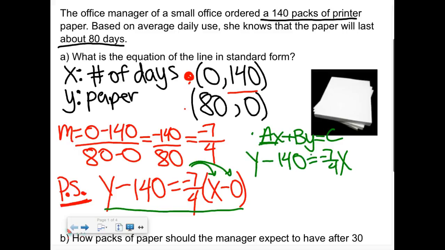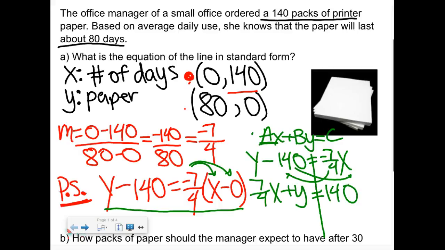So now, Matt, watch out, I'm drawing a line here. This negative 7/4 has to go over here, and this 140 has to go over here. So we're just going to be adding those onto both sides. So what I'm going to have now is 7/4 x plus y equals 140.